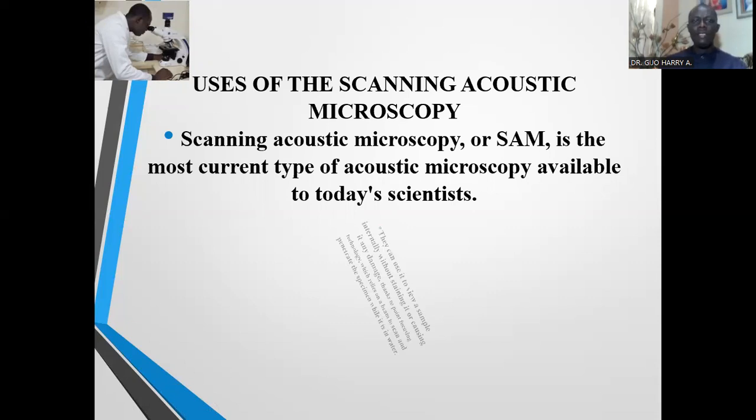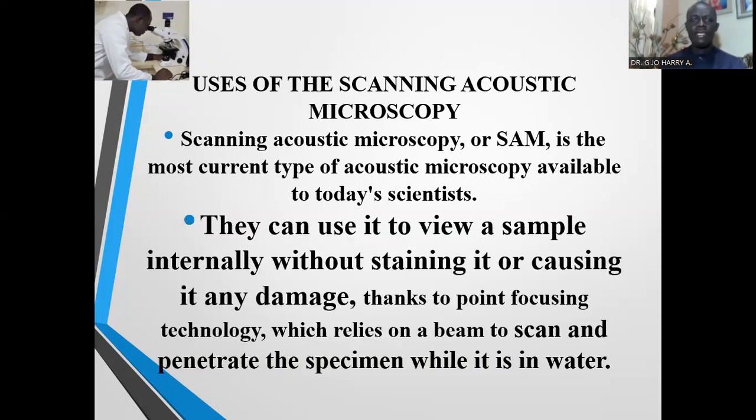They can use it to view a sample internally without staining it or causing damage. The internal structure of a sample can be viewed without staining, thanks to point focusing technology, which relies on a beam to scan and penetrate the specimen while it is in water.